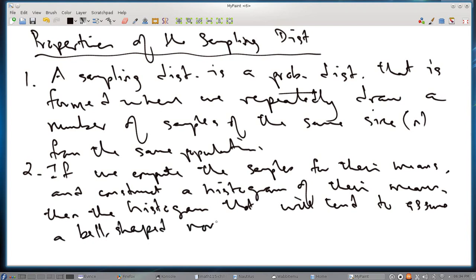A bell-shaped normal distribution. You see here, recognize the keyword normal distribution.